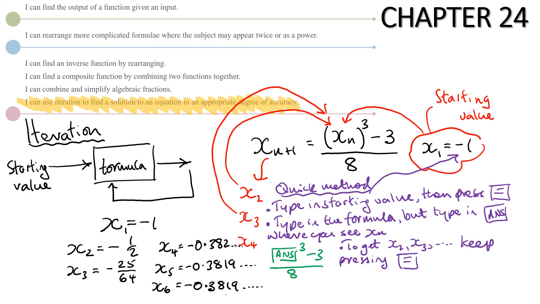Yeah, so this is what we would represent as the solution to the original equation.